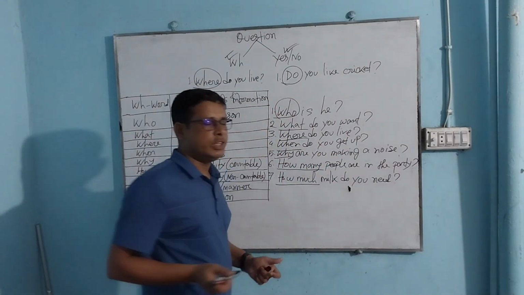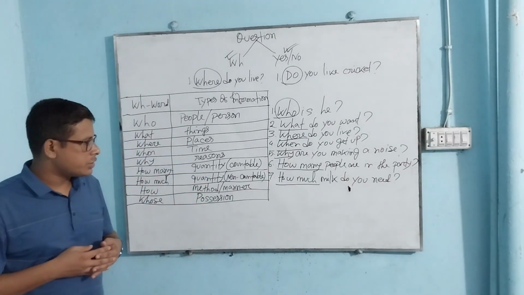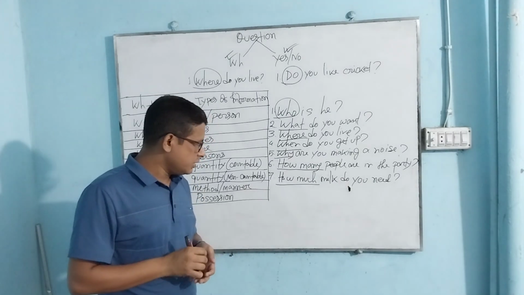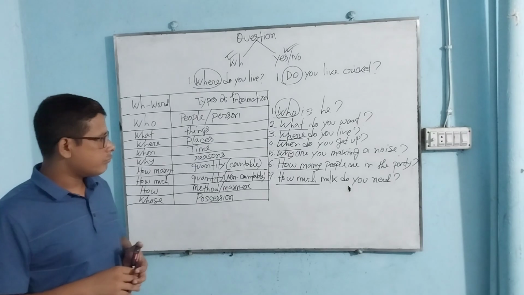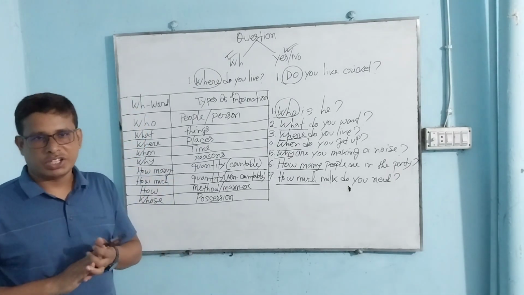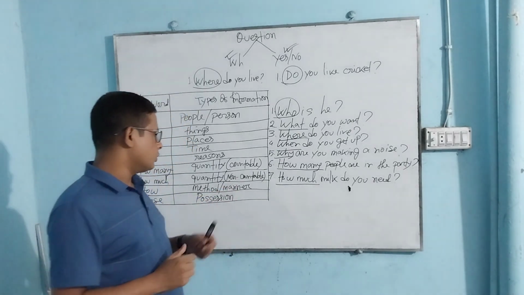How much milk do you need? Okay. Here, in response to this question, you have to give a quantity. Suppose we can say, I need 2 kilo of milk. আমার 2 কিলো দুধ দরকার। I mean 2 কেজি দুধ দরকার। Okay. So this is not countable.